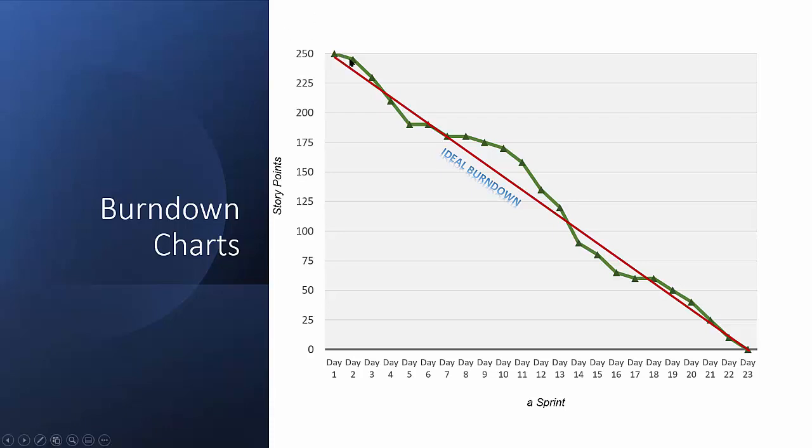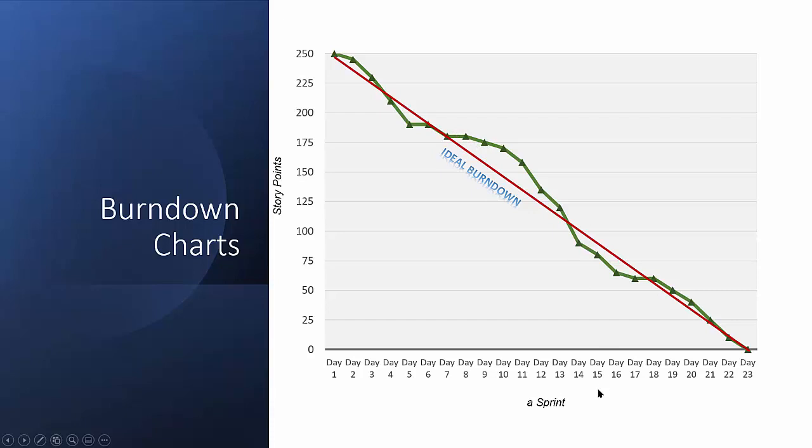So after the first day, we still have 240 story points open, and then so on and so on. So we can track the amount of story points still left open across the sprint and compare it to an ideal burn down amount and figure out if we are on track or if we are lagging behind.